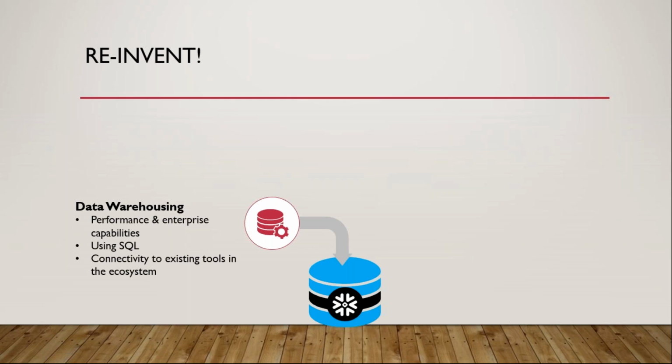You build a cloud data warehouse on top of Snowflake. You can connect to your existing ETL tools through JDBC, ODBC, and you have some direct native connectors. You can perform enterprise wide queries, build your own solutions and analytics on top of it, and you can still use SQL because Snowflake provides that flexibility.